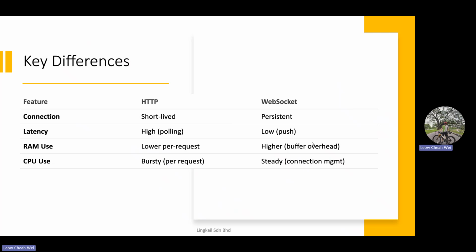But in my example, I find that sometimes WebSocket has lower RAM usage, because it doesn't need to maintain a lot of buffer compared to HTTP. Once the connection is up, it doesn't need to send the header again. In terms of CPU use, because HTTP is per request, it goes up and down, whereas WebSocket is rather steady.